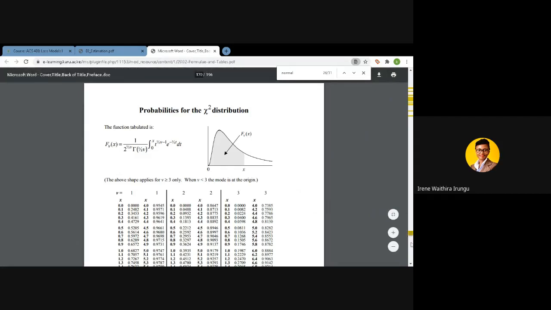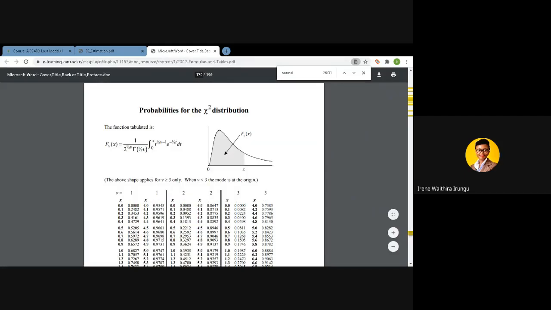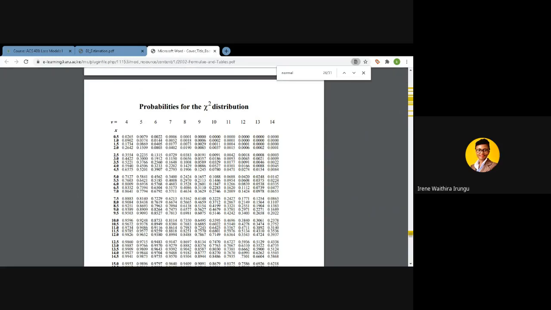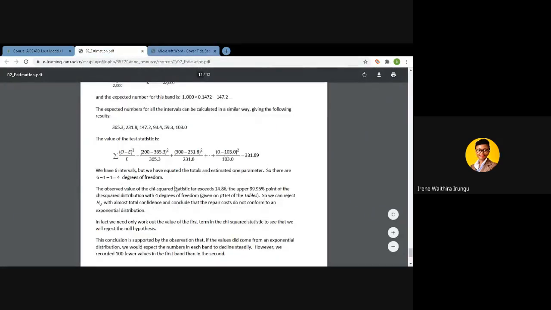Is this the correct table? This is the probability table. Okay, yeah, so here it is. We are looking at V equals 4, and the probability which we are evaluating is 0.995, page 169.